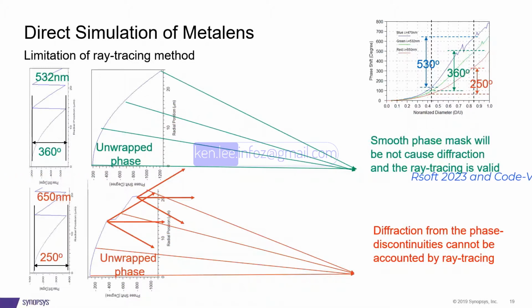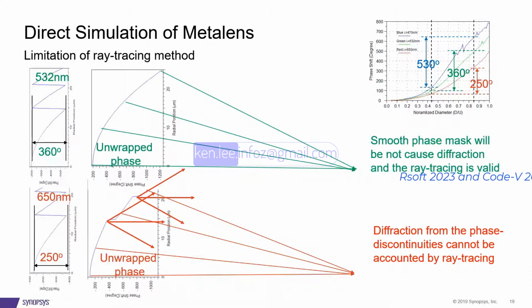At the design wavelength, the wrapped phase of the lens is the same as a Fresnel lens. The unwrapped phase forms a smooth profile. So that means that when an input with equal phase is passing through, every ray behaves well. No diffraction can be seen and all light from all components focuses at the designed focal point.